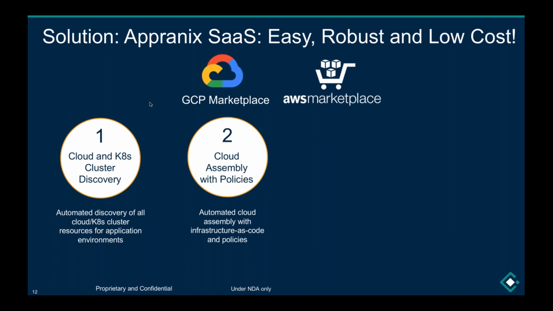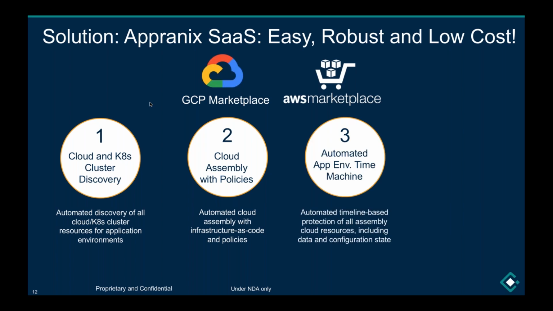So in these situations, you could discover, let's say, Cloud SQL or RDS, and combine that with your GKE Kubernetes application as one assembly, and then put a policy together. So it's as simple as that. And then Appranix automatically gives you this application environment time machine.